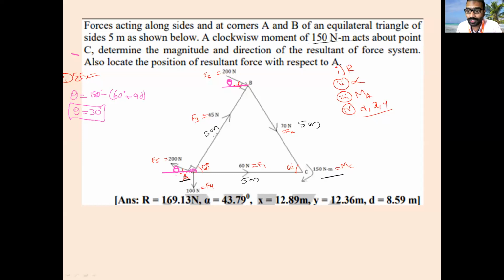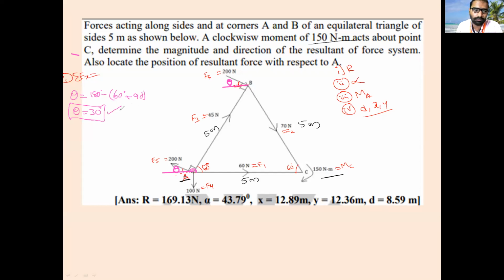What is the actual problem? Tell me so that I can clarify it. You know the force F1, what is its angle? 0. You know the force F2, what is its angle making with respect to horizontal? 60. F3 force, this is 60 degrees. F4 is purely vertical. F5 is making an angle theta; theta you got 30 degrees.